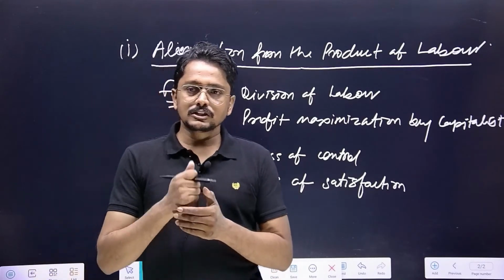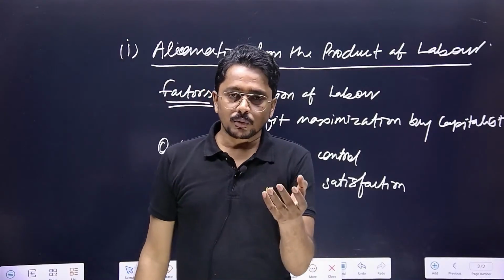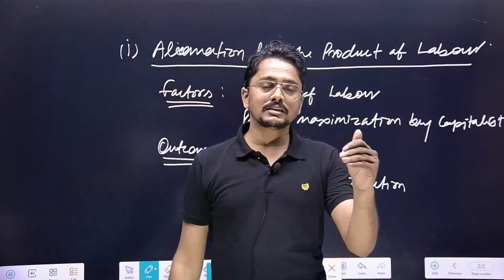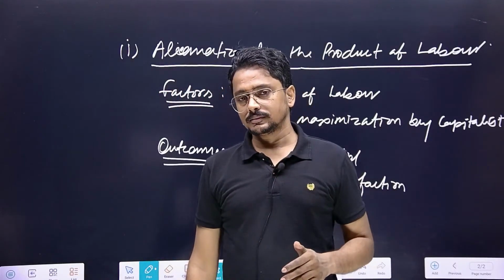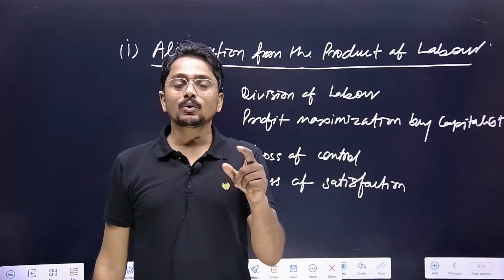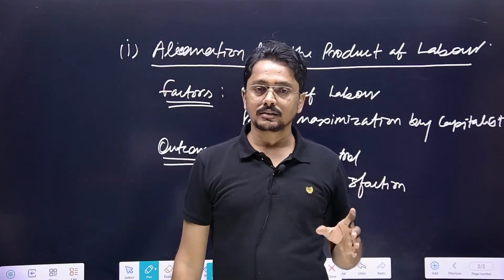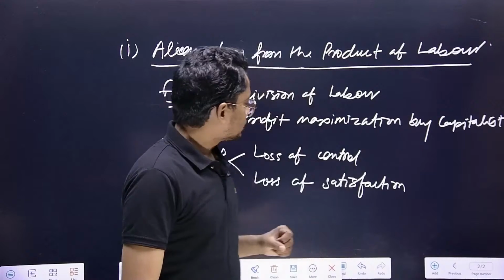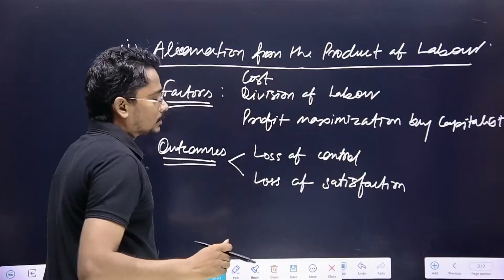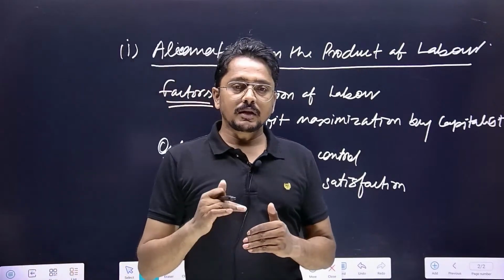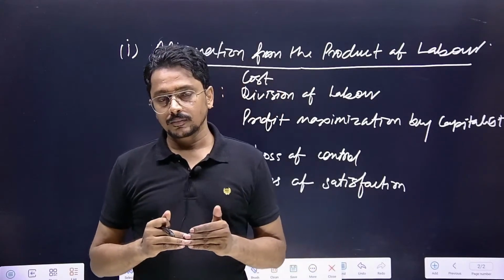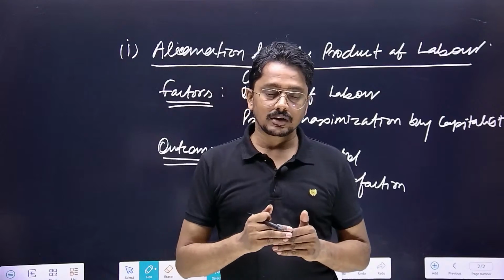And in this process, since prices are determined by the capitalist himself or herself, the product is too costly to be afforded by the labor. So another factor is cost. The product is too costly for labor, therefore labor has no attachment to it.